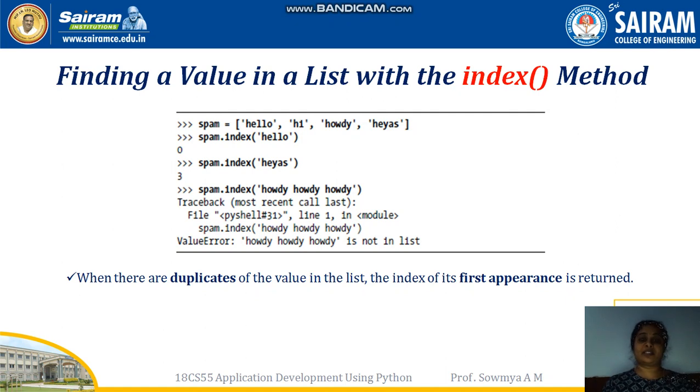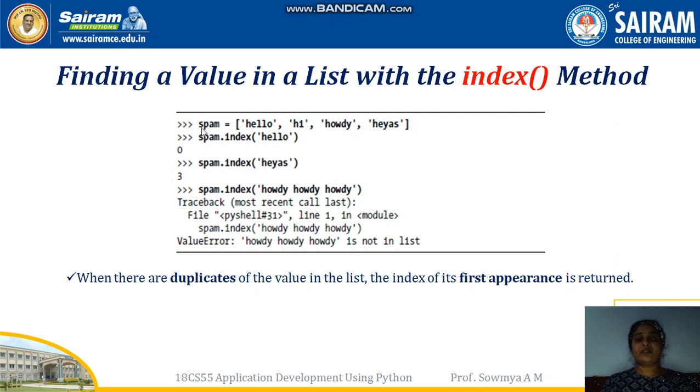If you are finding an index of a value from a list variable, then you can use this index method with the list name dot index and the value you are passing.